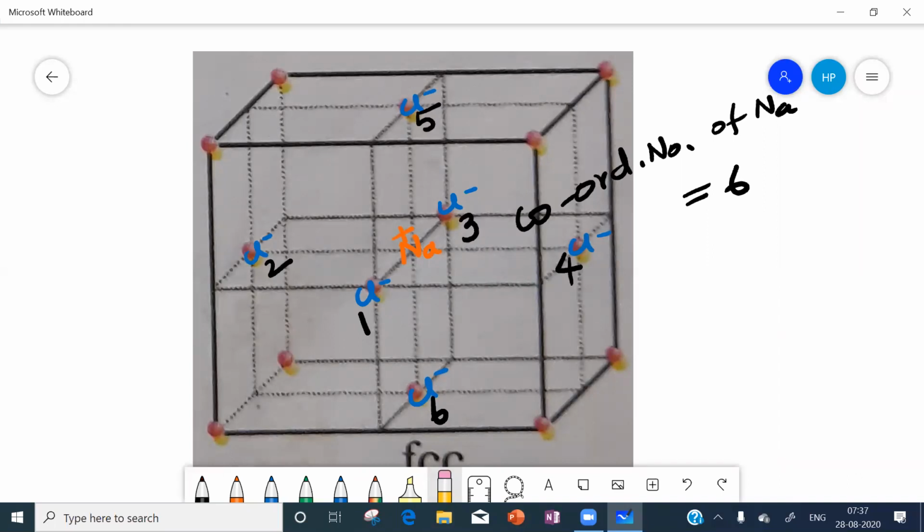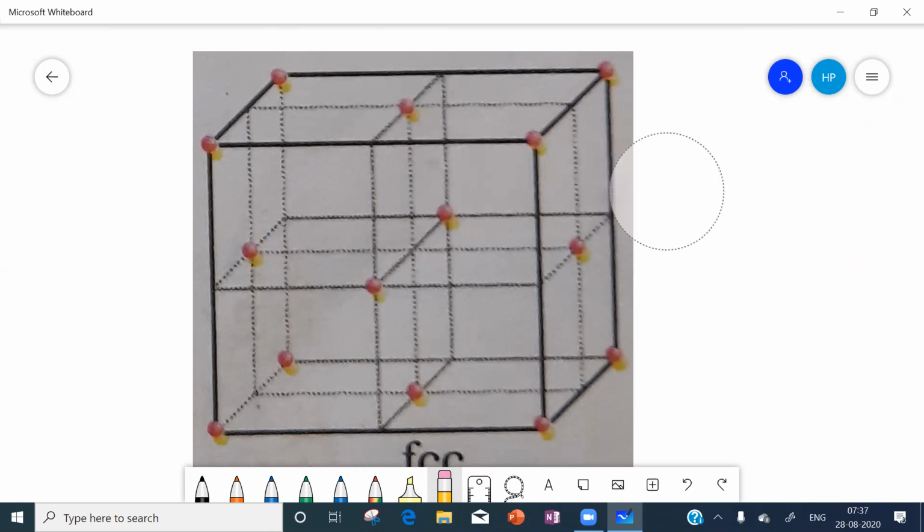So now we said coordination number of Na plus when it is in a body center. Now we will take Na plus in edge center. For this, the neighbor is Cl minus.